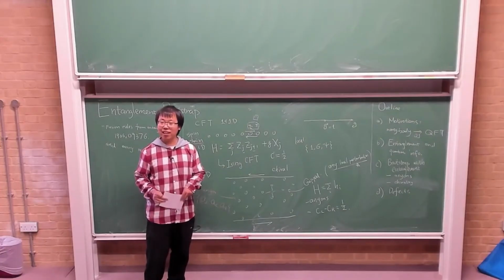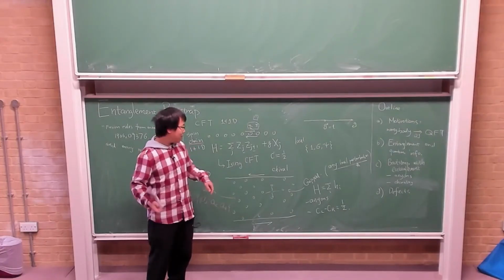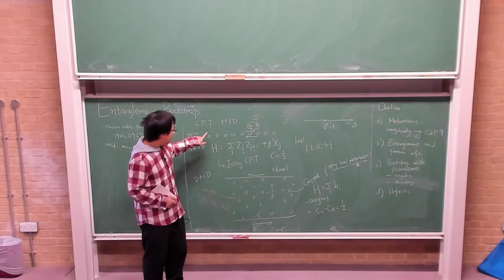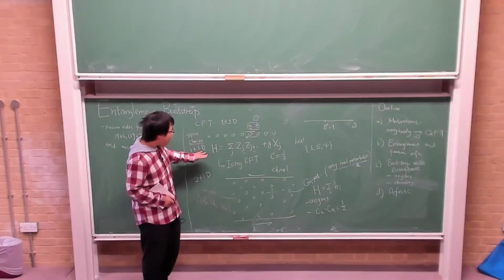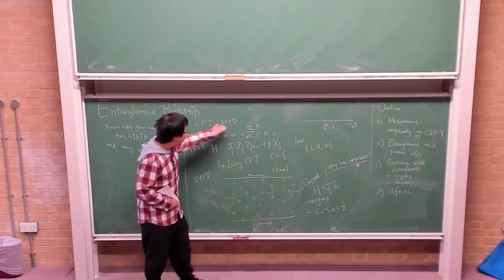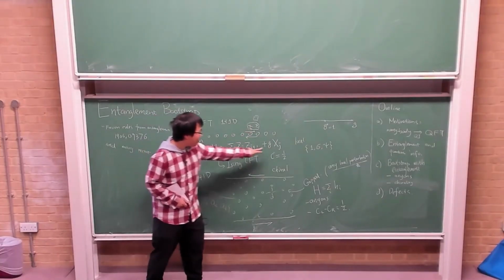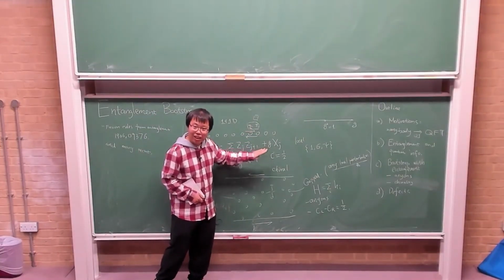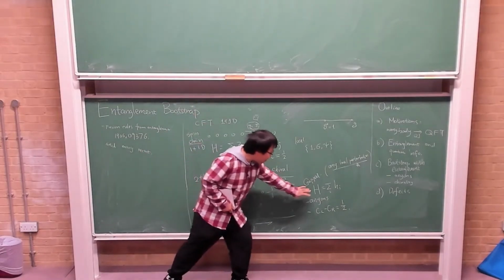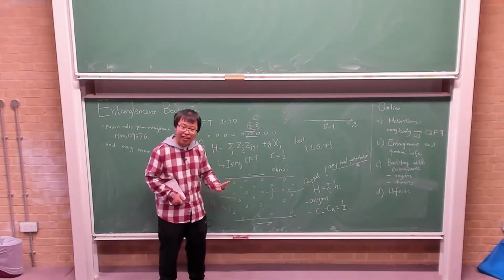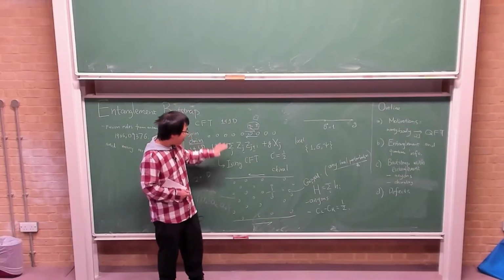Let me put it this way. This 1+1D spin chain model needs some tuning of g. You need to tune carefully to get the critical point. But here, you have some local Hamiltonian, and even some perturbation is fine. And how do I relate this to the chain?